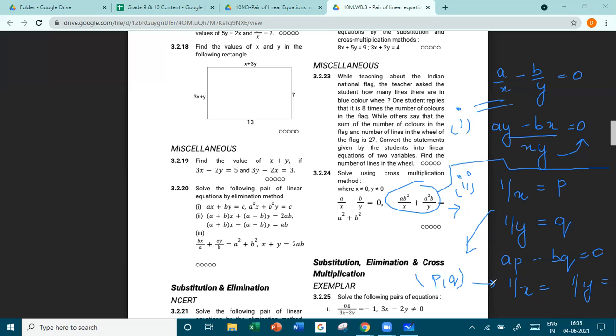But the main catch is that at the end you might forget. Usually we are in a hurry, and you're happy to get some kind of answer, so you tend to forget that you need to resubstitute back, and actually you were supposed to find x and y. Just keep a note of this.